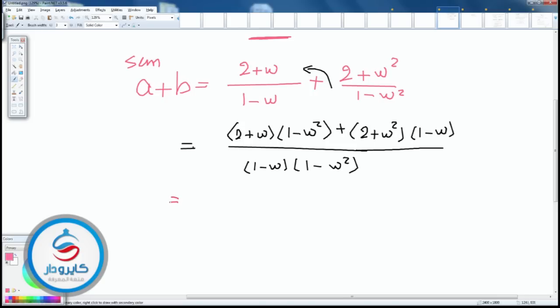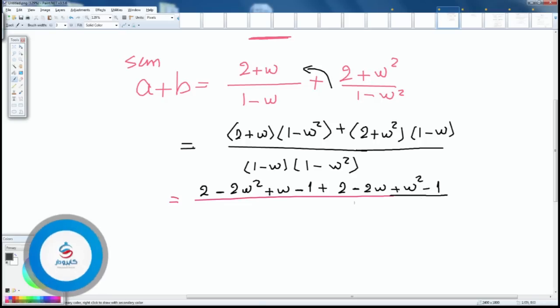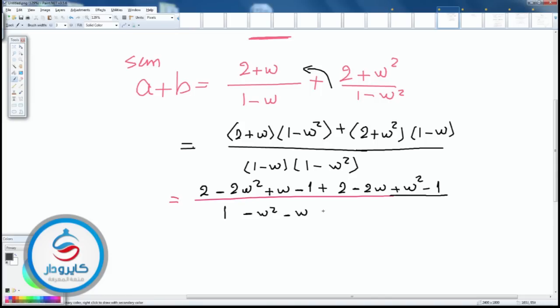By expanding, two times 1 is 2, minus 2 omega square plus omega minus omega power 3, minus 1, plus 2 minus 2 omega plus omega square minus 1, over 1 minus omega times 1 minus omega square means 1 minus omega square minus omega plus 1.